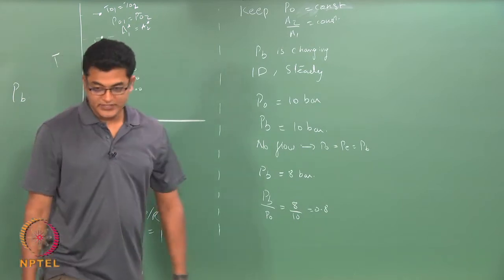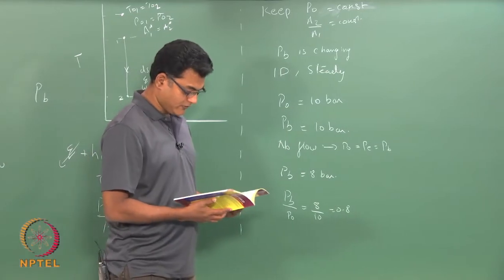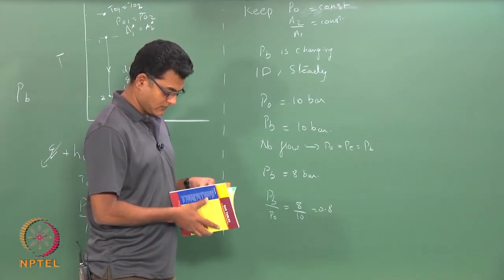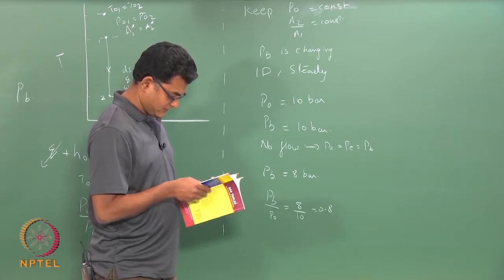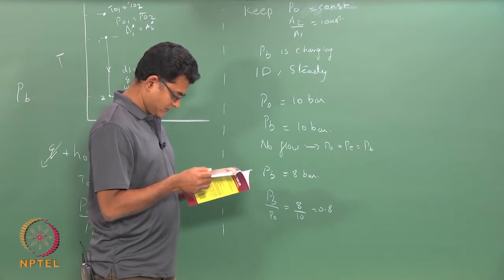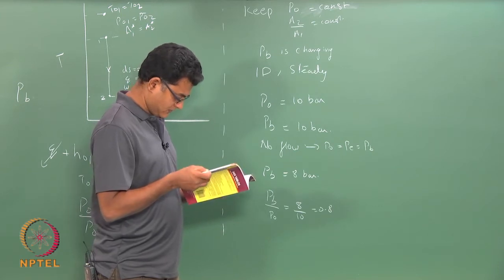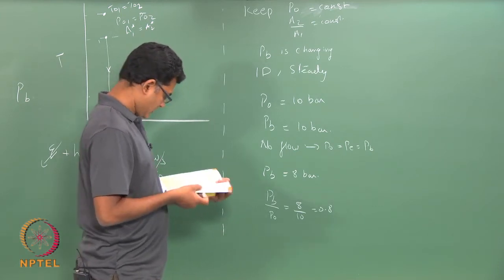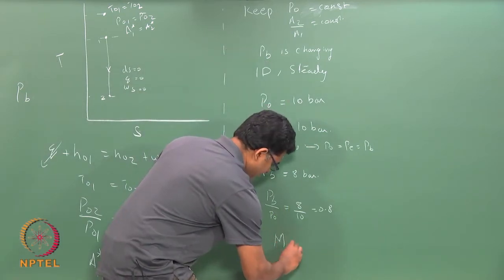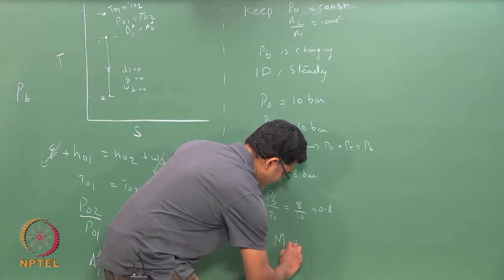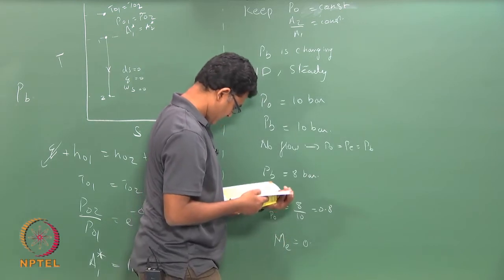So, the Mach number associated with this ratio for gamma equals 1.4 is around 0.57 from gas tables. So, the Mach number at the exit will be around 0.57.